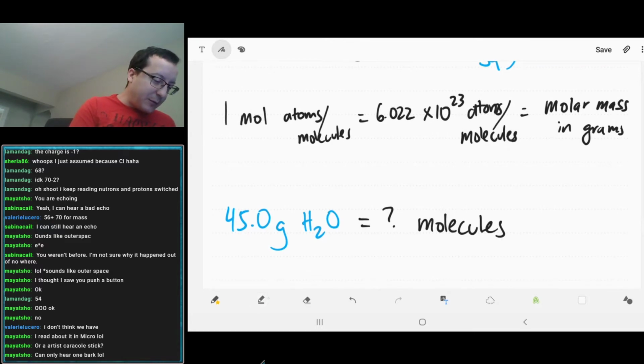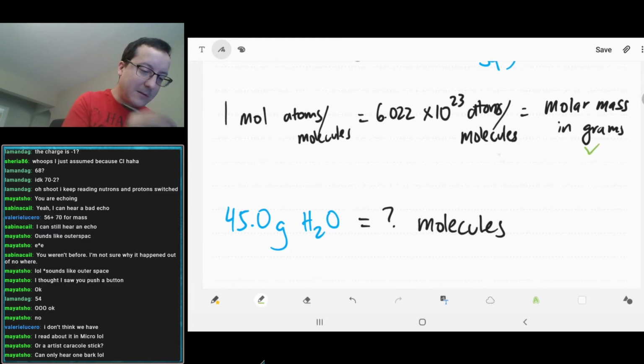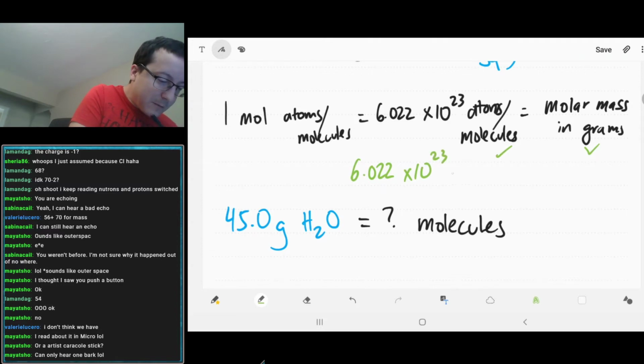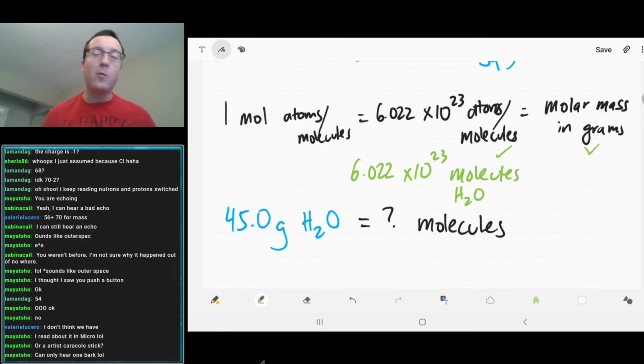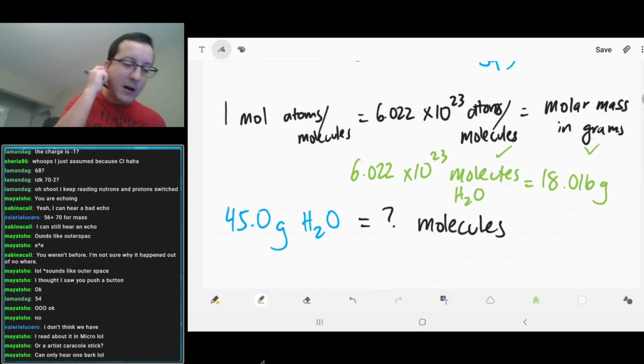So by looking above, we can say, okay, we know, in this case, we're looking at grams and molecules, right? So we're not going to necessarily need moles right now. We're using these two. So we know that 6.022 times 10 to the 23rd water molecules will be equal to that 18.016 grams.